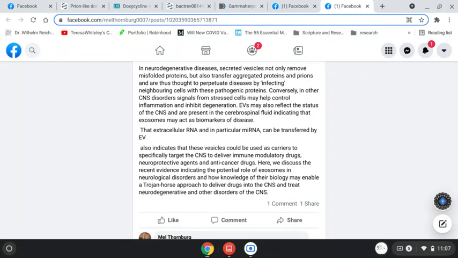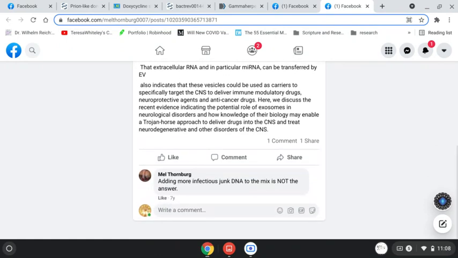Here we discuss the recent evidence indicating the potential role of exosomes in neurological disorders and how knowledge of their biology may enable a Trojan horse approach to deliver drugs into the central nervous system and treat neurodegenerative and other disorders of the central nervous system.